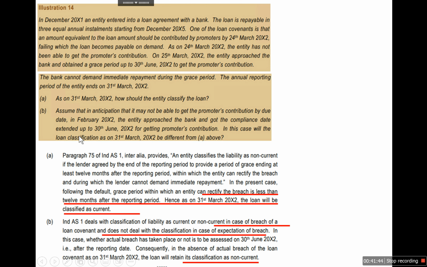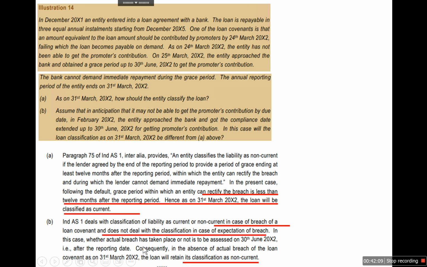In this case, will the loan classification in March X2 be different from above? Ind AS deals with the classification of liability as current and non-current in case of breach of the loan covenant and does not deal with the classification in case of expectation of breach.